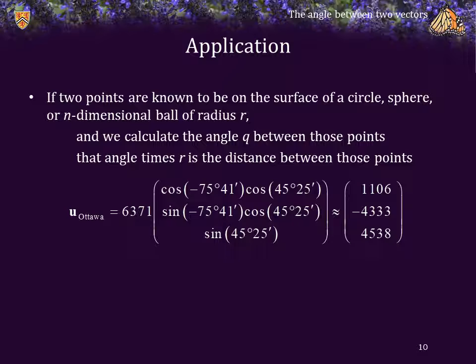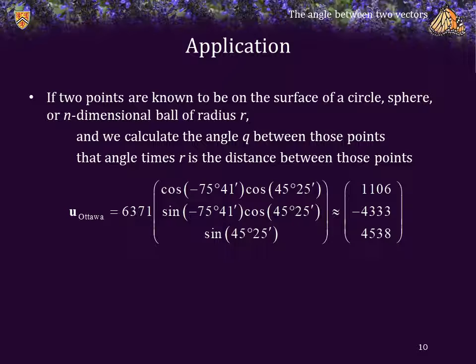The latitude and longitude of Ottawa are given here as 75 degrees west and change and 45 degrees and change north.